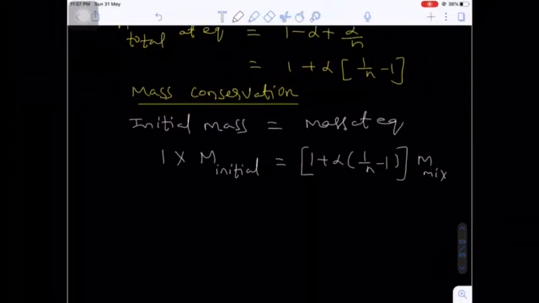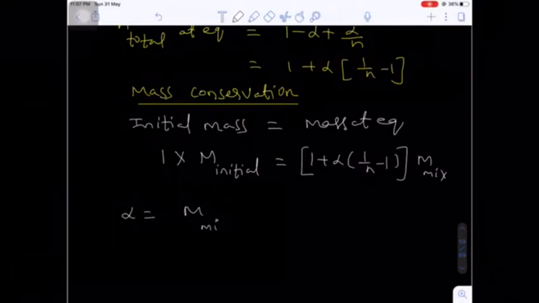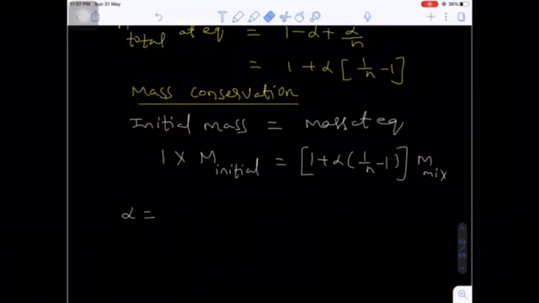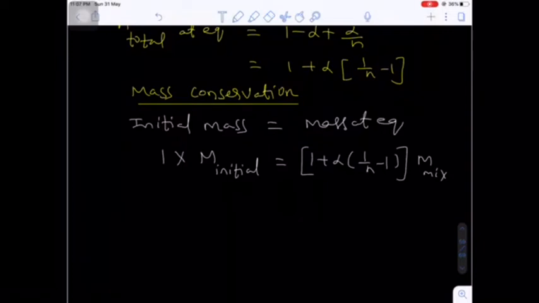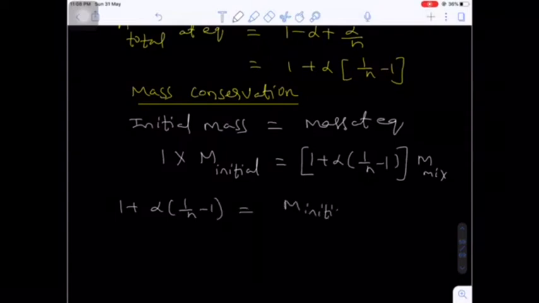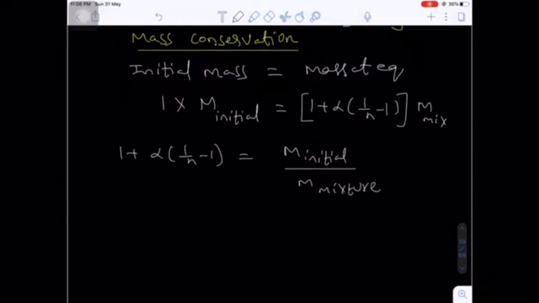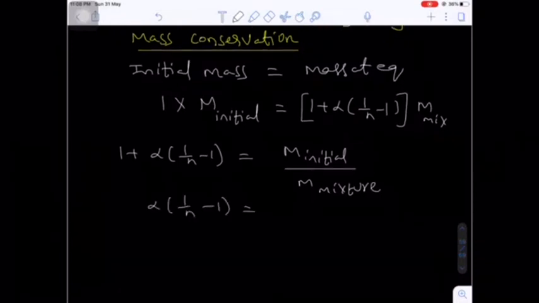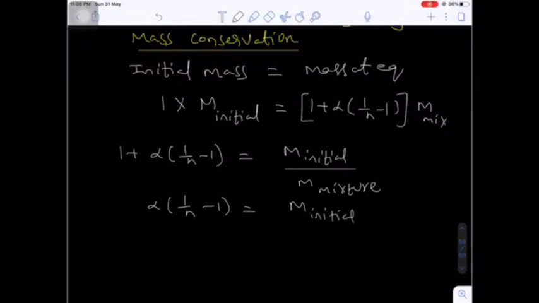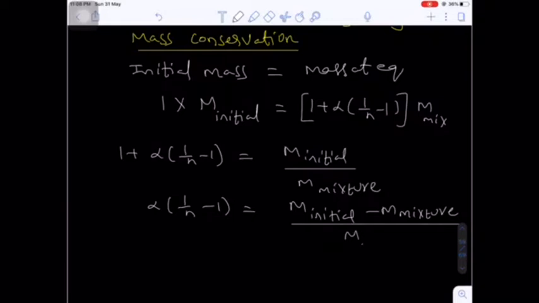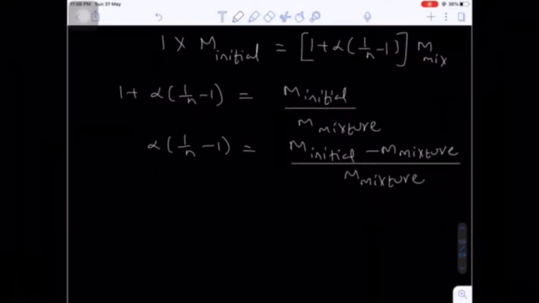From here, 1 plus alpha into (1 by n minus 1) is equal to molecular weight initial divided by molecular weight of the mixture. So alpha into (1 by n minus 1) is equal to M initial minus M mixture, whole divided by M mixture.